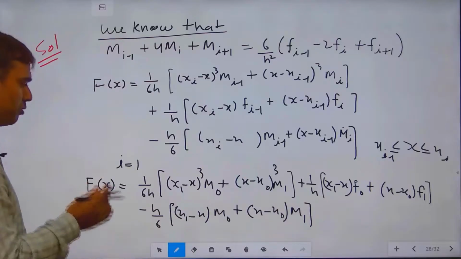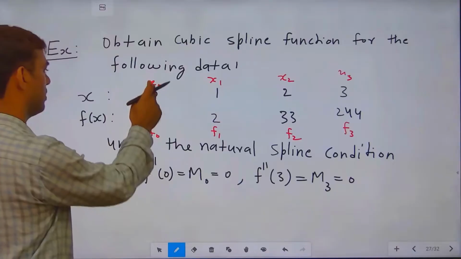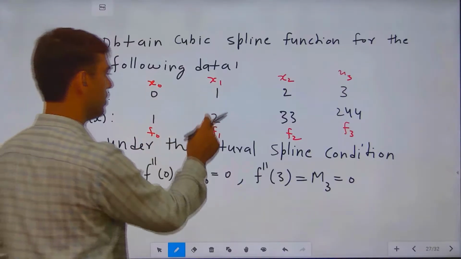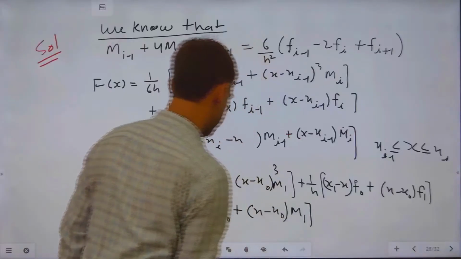Okay, now we put in these values: this is the value of x0, this is f0, x1, f1, x2, f2.